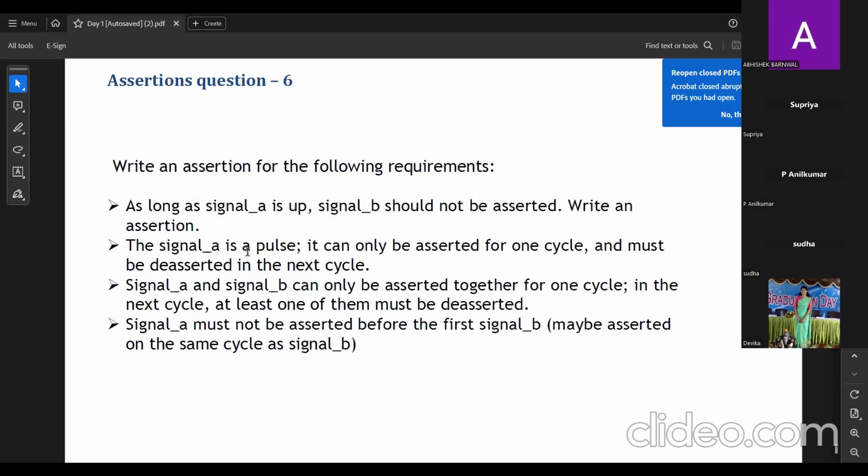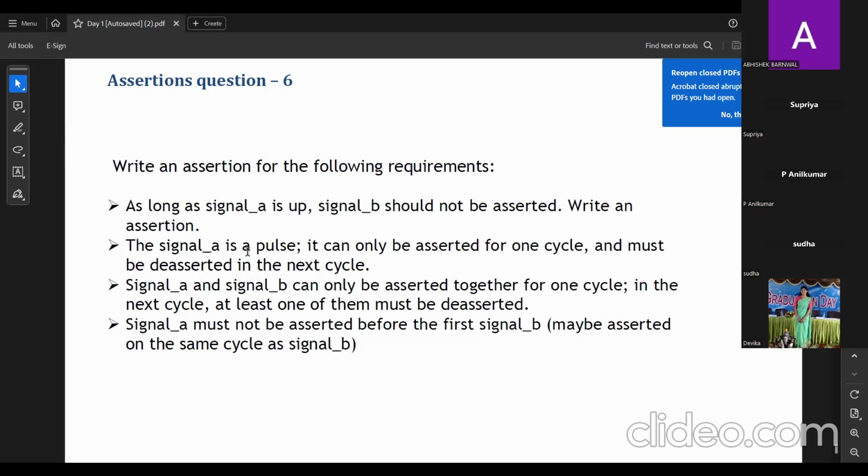To summarize what we have gone through about assertions: first, what assertions are, and then the different types of assertions. Then the different operators in assertions, like repetition operators and the cycle delay operator. Then the built-in methods like $rose, $fell, $stable, $past, and the built-in functions like $countones, $onehot, $onehot0, and something else was missing: $isunknown.